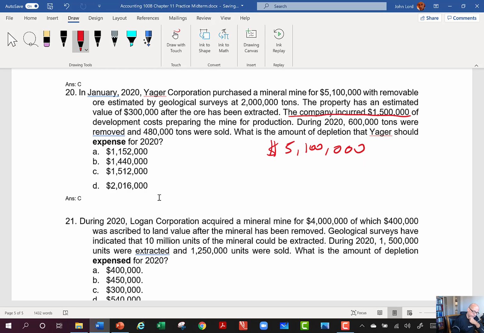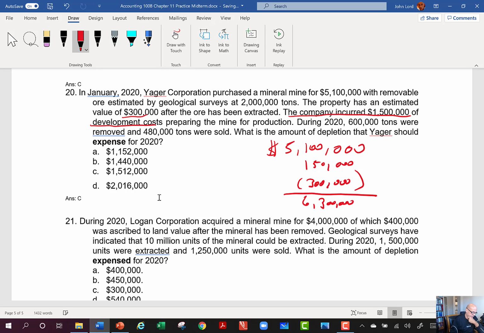The company incurred $1,500,000 of development costs, so I have to add that. That's the cost of putting in shafts so I can go under there and get that ore out, right? Now, since I can sell it for this $300,000, that $300,000 is like a salvage value. It comes off.